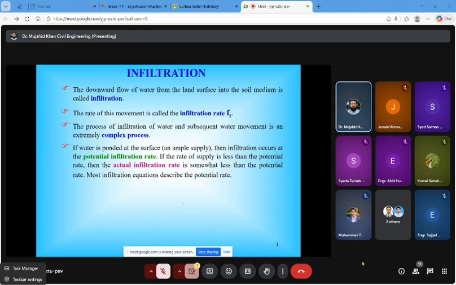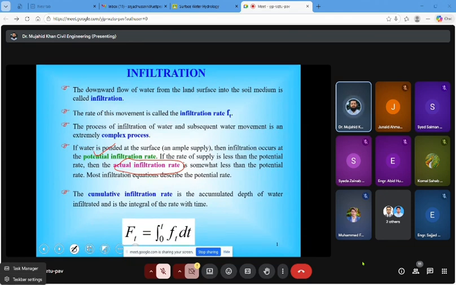But if the rate of supply is less than that, or some other parameters are not feasible for infiltration, then we will have the actual rate of infiltration. The models we are going to discuss today are based on the potential rate of infiltration, so normally they overestimate the value. The actual infiltration rate can be measured by a process which we will discuss at the end of this lecture.